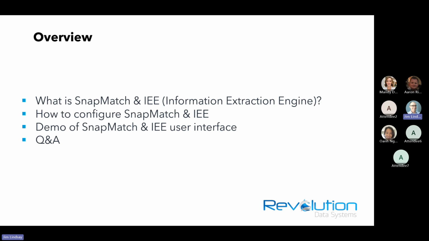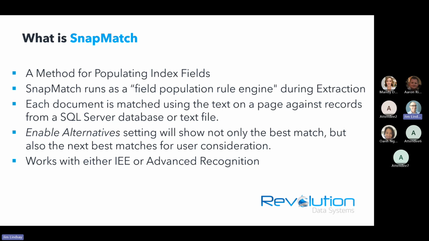All right. So SnapMatch. What is SnapMatch? Well, it's a method for populating your index fields and runs as a field population rule engine during extraction. So SnapMatch can use data from a SQL Server database or a text file for matching against your documents.